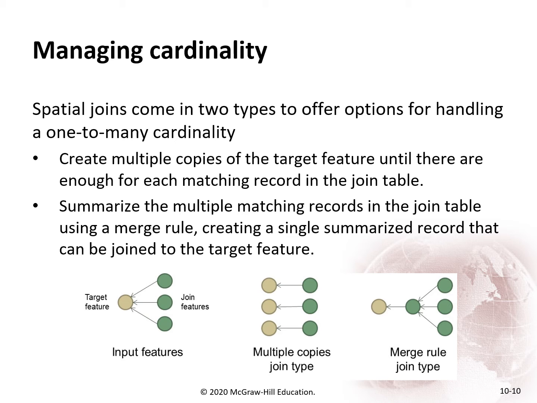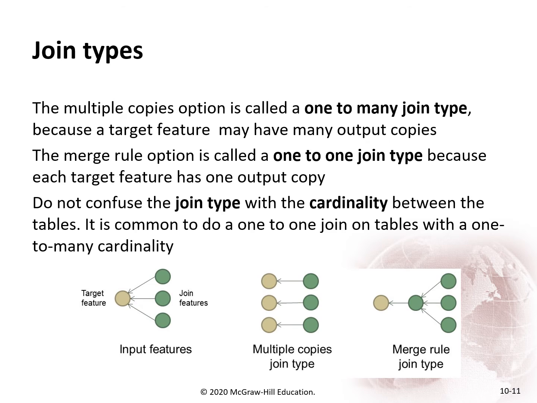The second one's what you're going to do for most of the time. The multiple copies option is called a one-to-many join type because the target features may have many output copies. The merge rule is the one-to-one join type because each target only has one output.